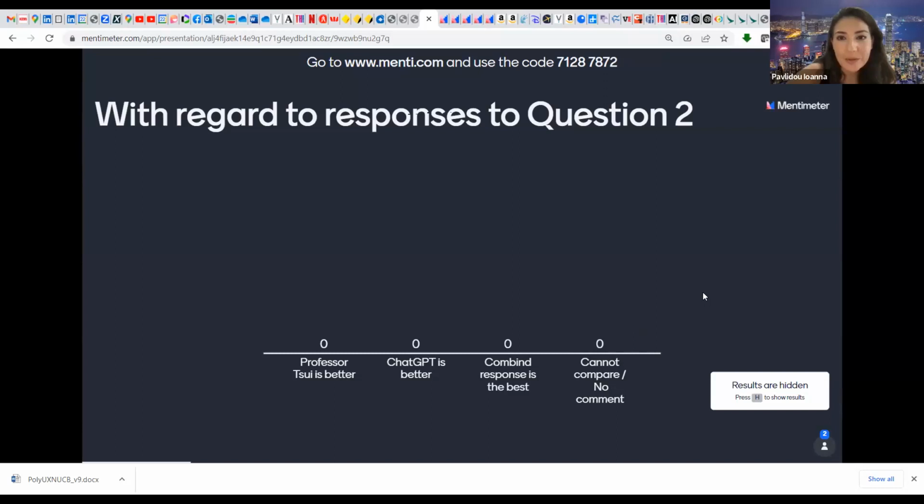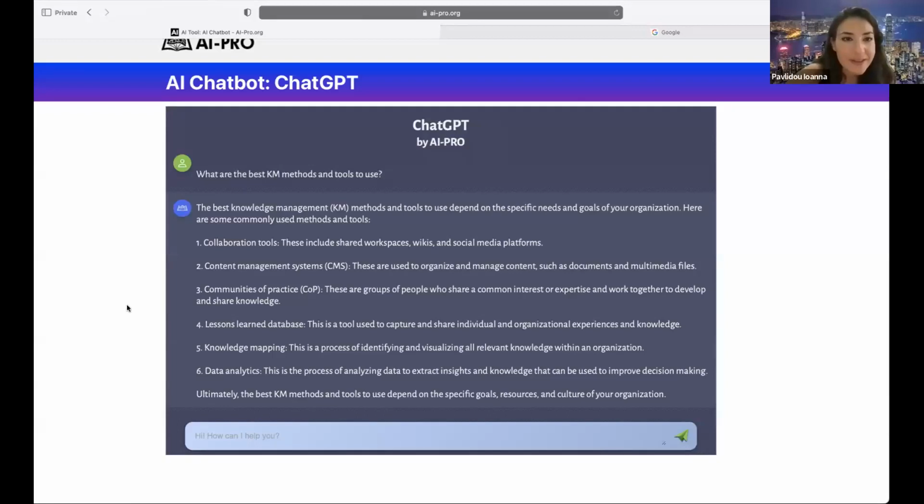Okay, let's see now what ChatGPT has replied. So that's the reply for the same question. ChatGPT says that the best knowledge management methods and tools to use depend on the specific needs and goals of your organization. And then here are some commonly used methods and tools: collaboration tools.